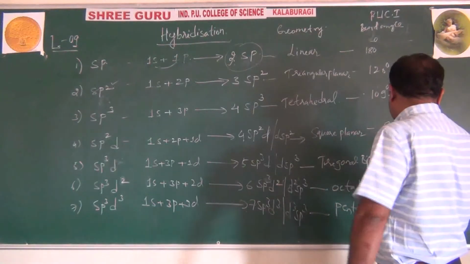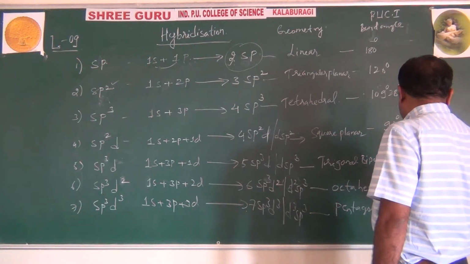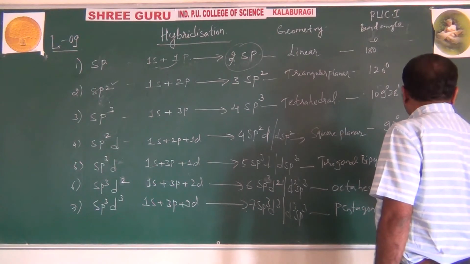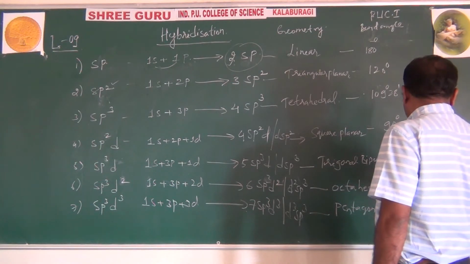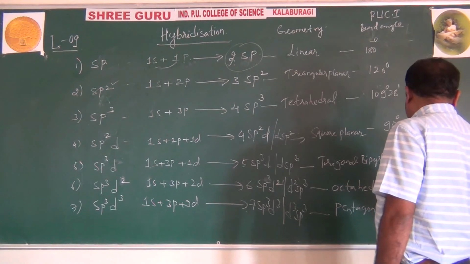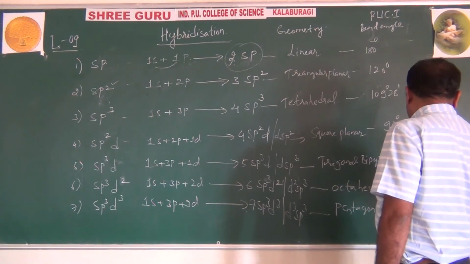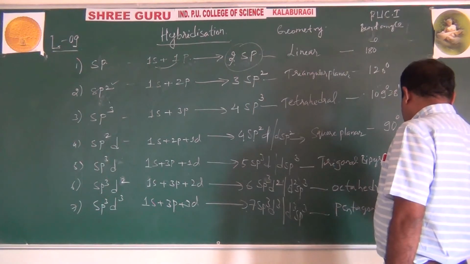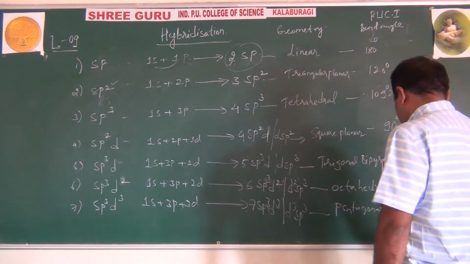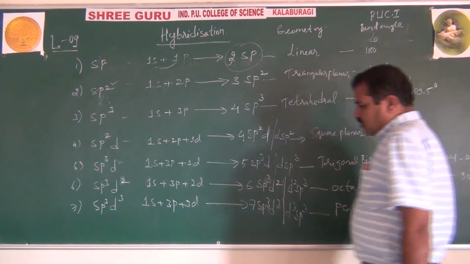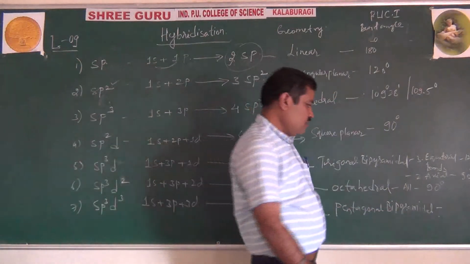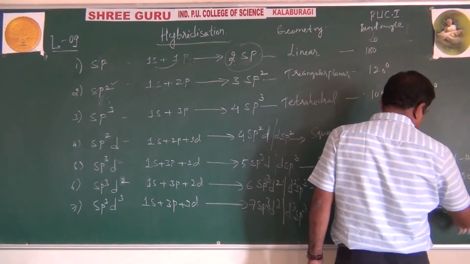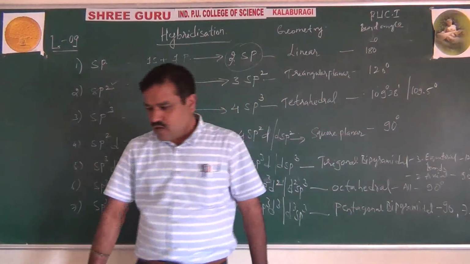Out of 5 bonds, the 3 equatorial bonds are 120, and the 2 axial bonds are 90 degree, perpendicular to the equatorial plane. Octahedral, all 6 bonds are 90. Remember. And pentagonal bipyramidal, 90 axial and remaining 72. Like this, we have fixed bond angles.